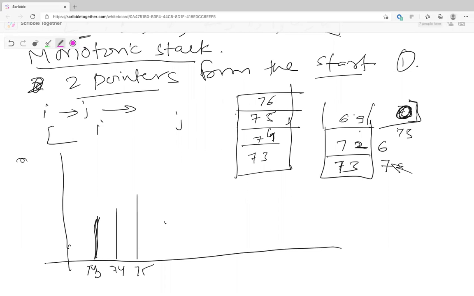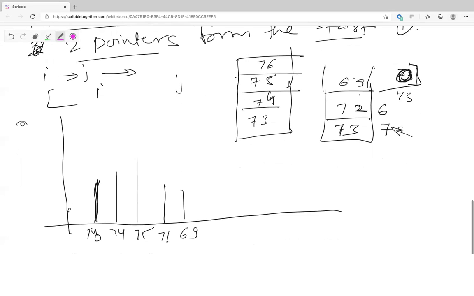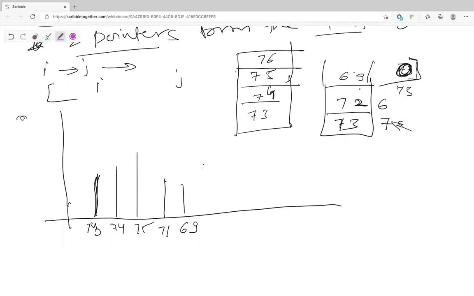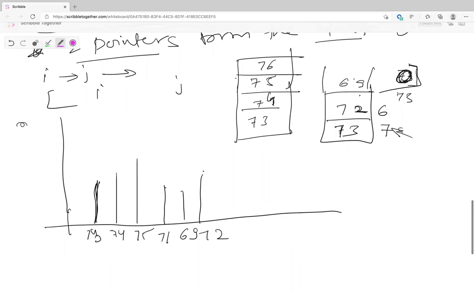This is your 71, this is your 69, and this is your 72. Then you have 76, which is higher, and then you have 73. Is that clear? My scale is not proper.